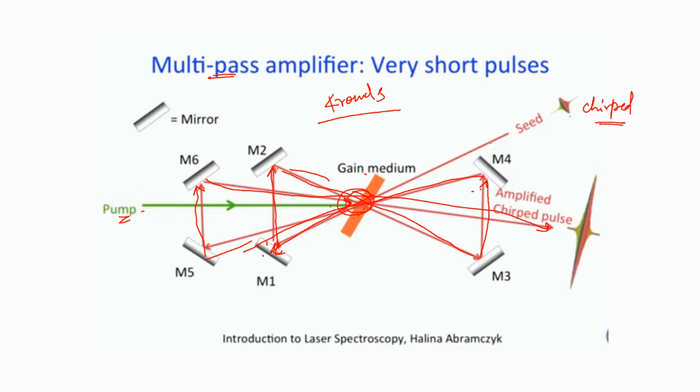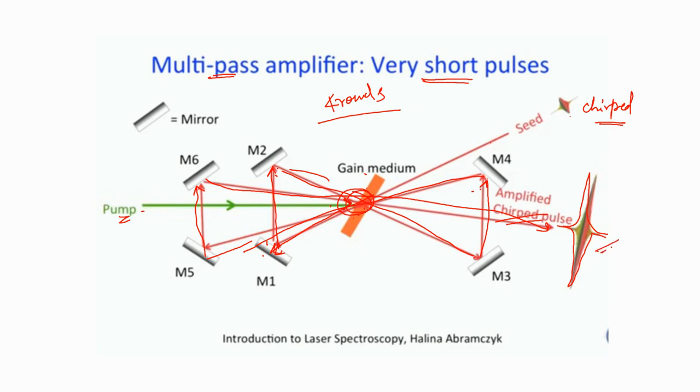So here, as you can see, the chirped beam acts as the seed, and the output beam which we get has a very high intensity, but it is still chirped. By passing through these reflecting surfaces, each one being a reflecting surface, the net time is not increased, and therefore we can get very short pulses in the case of the multipass amplifier.